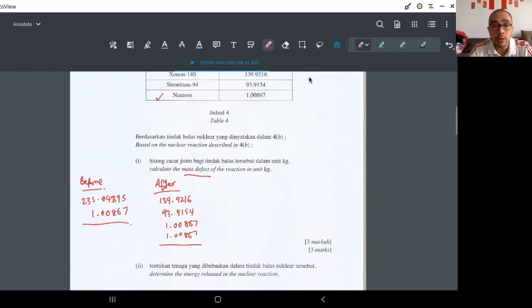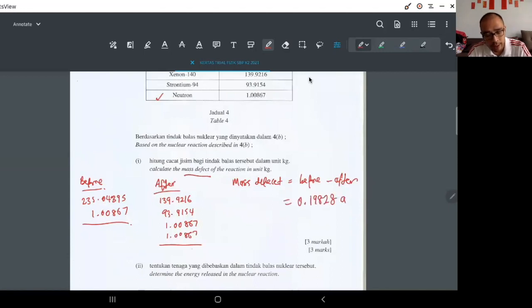When you calculate this, you will find out that there is a mass defect or mass difference. It is before minus after. So you will get around 0.19828 amu.